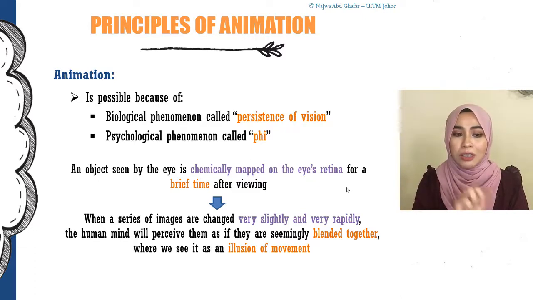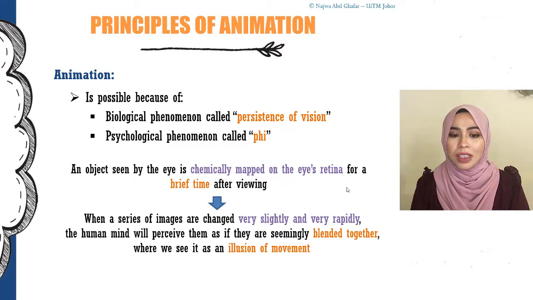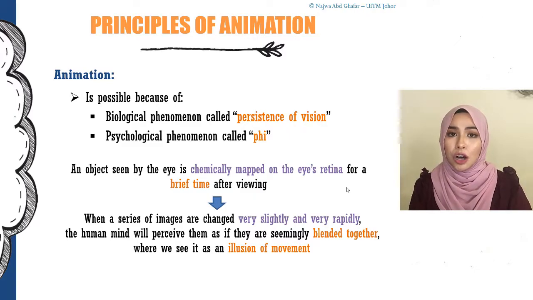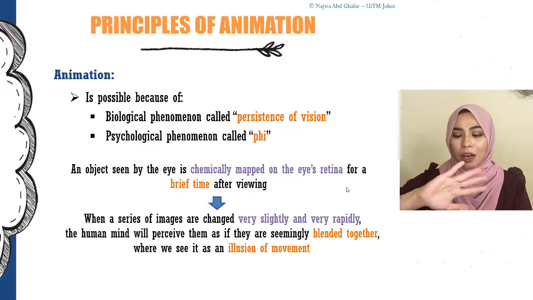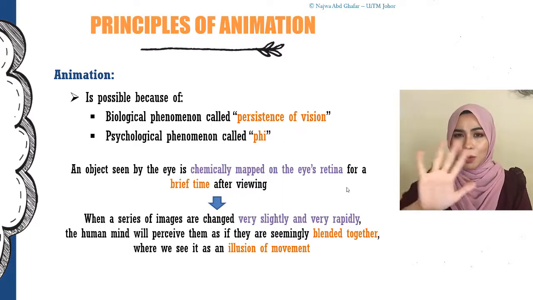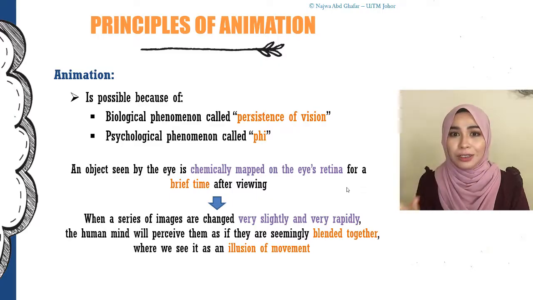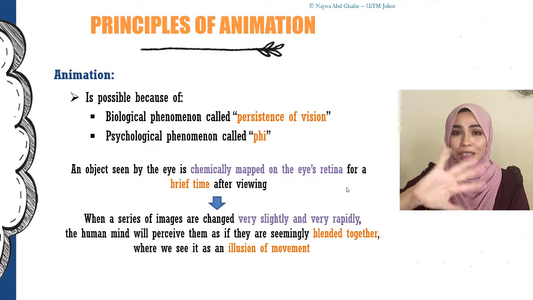When a series of images are changed very slightly and very rapidly, the human mind perceives them as seemingly blended together, and we see an illusion of movement. They are separate images, but when we play them very fast, our eye can't catch them, so that's how we see it as if it is moving.